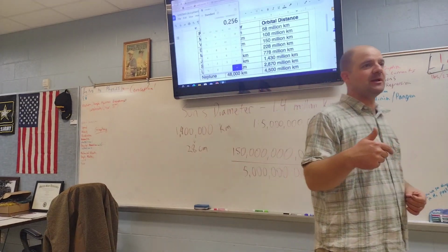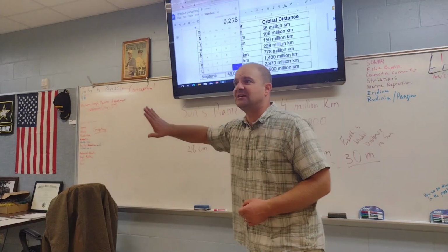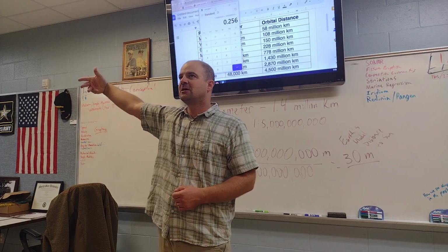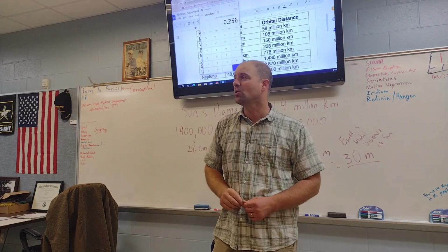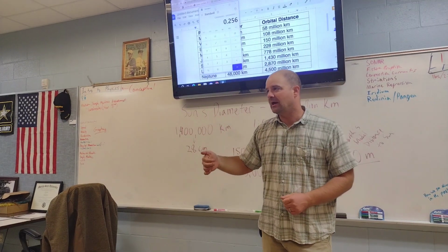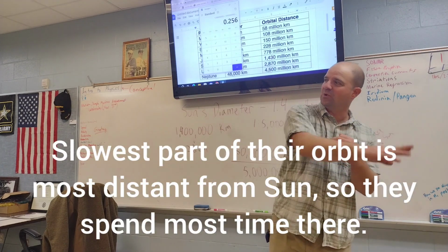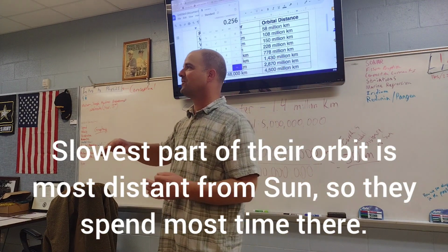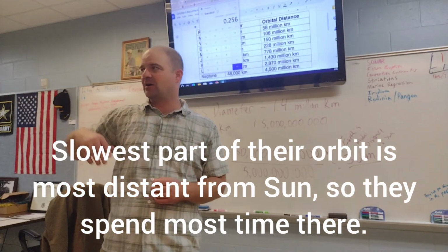And then once we get out past the Kuiper Belt, there's a good amount of distance before you get to the last thing in the solar system, which is the Oort cloud. It's spelled O-O-R-T. And it's kind of where the comets hang out, because they swing in every once in a while, go around the sun real fast, but the journey is so long that most of their time is spent out in the Oort cloud.